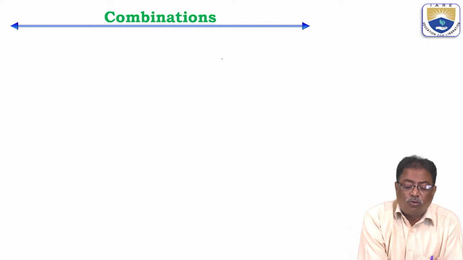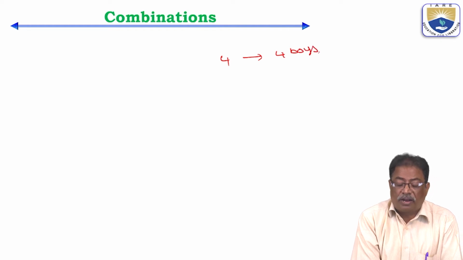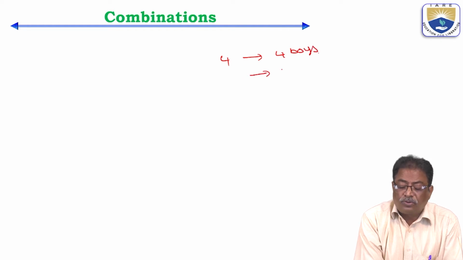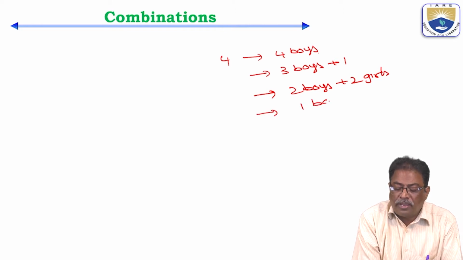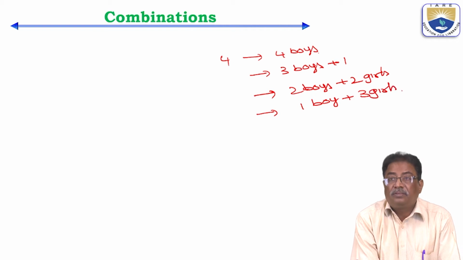That means we have to take 4. So either all 4 are boys, or 3 boys and 1 girl, or 2 boys and 2 girls, and the next one is 1 boy and 3 girls.